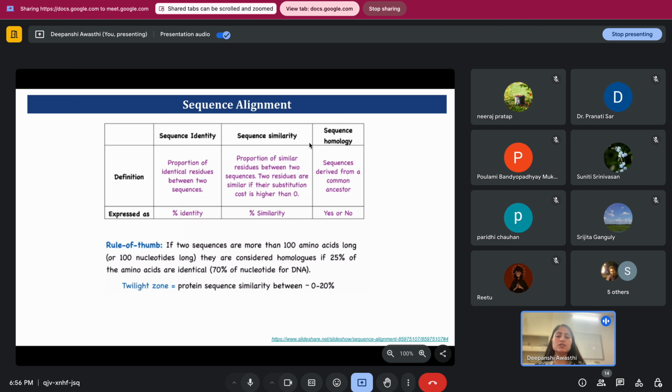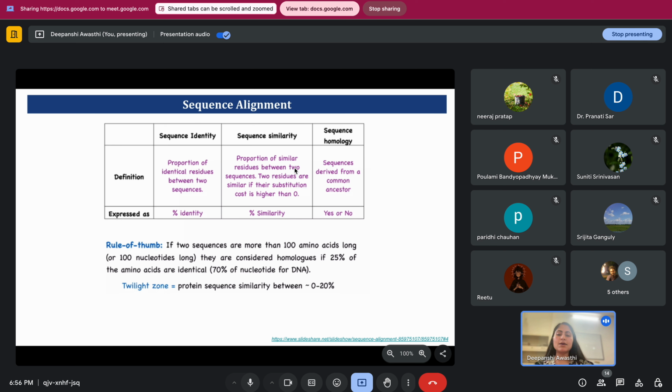But when we talk about sequence similarity, there are some matrices which calculate what the effect is on that particular sequence if one nucleotide is exchanged with another nucleotide. So in that way some kind of scores are provided to it.